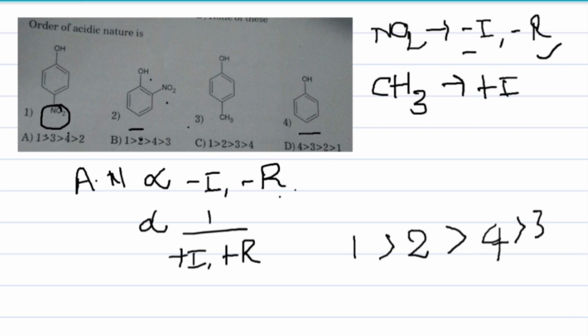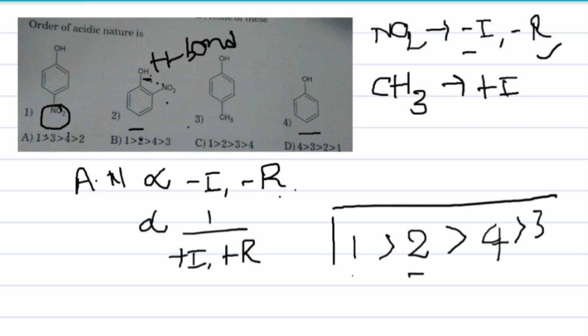Then hydrogen and oxygen will form hydrogen bonding. The hydrogen is involved in hydrogen bonding with the NO2 group, so the hydrogen does not come off easily. If H+ is not coming easily, then it is less acidic. So the first is greater than the second one. So this is the order of acidic nature.